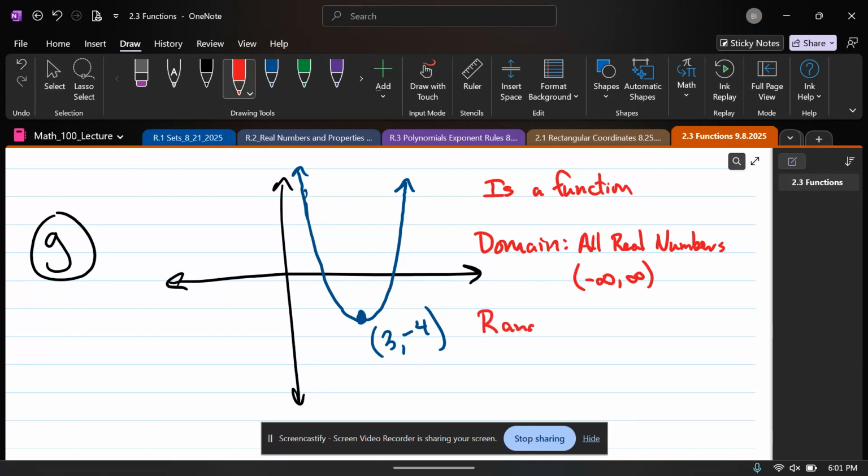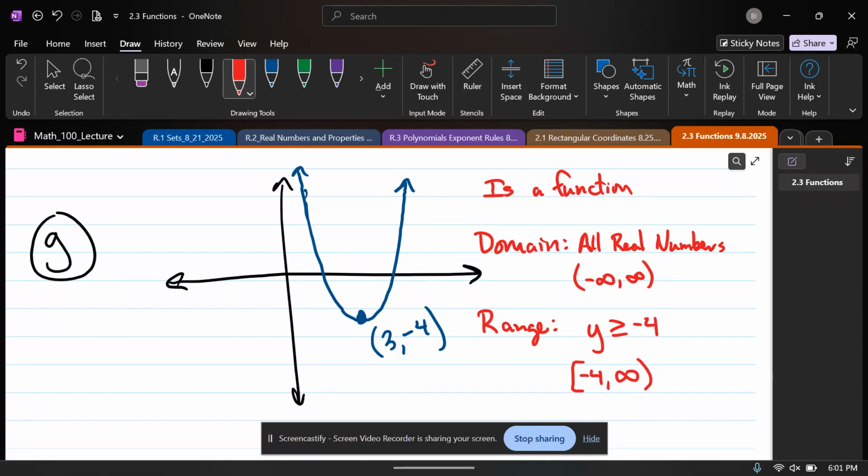Now, this is the reason I put that point on there. Because what's the range? -4 is your lowest spot, right? That's your lowest y value. So it's all the y values that are what to -4? Greater than or equal to -4. In interval notation, that's going to be bracket -4 to infinity because it's going up.